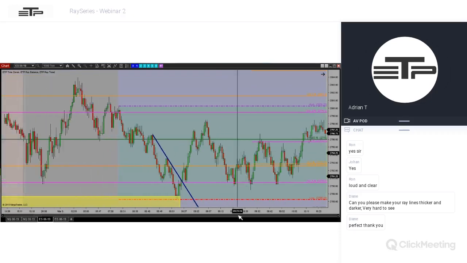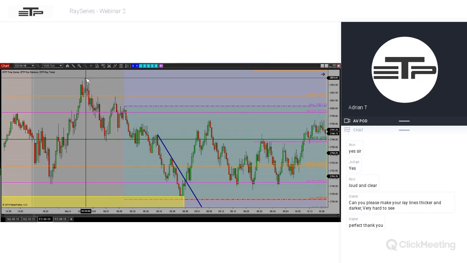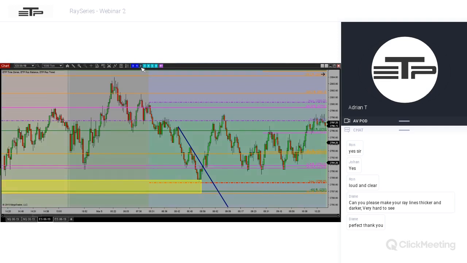Okay, so let's see what other levels we can actually draw from. So we've got this really high level up here. It doesn't have that much of a confluence, but what confluence I really see and like is this high coupled with the negative 238.2% in this sort of zone.